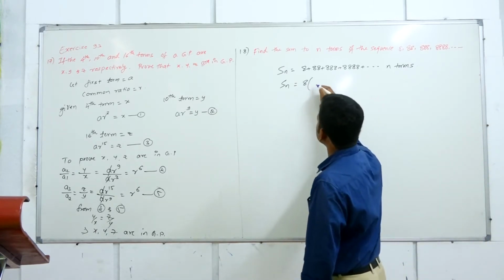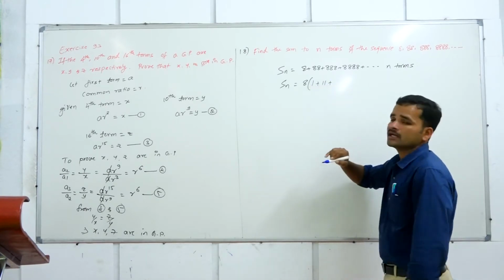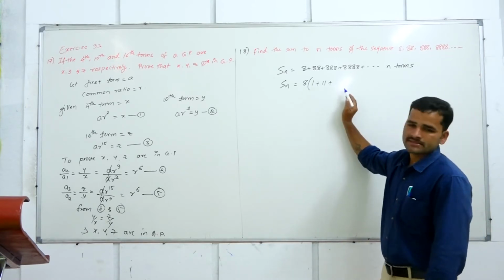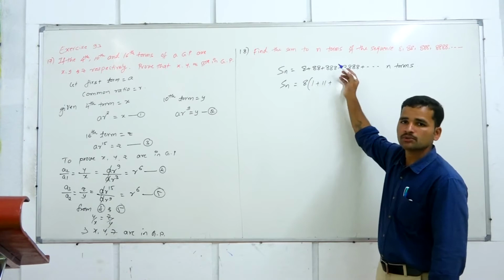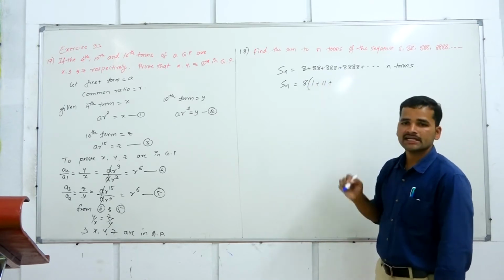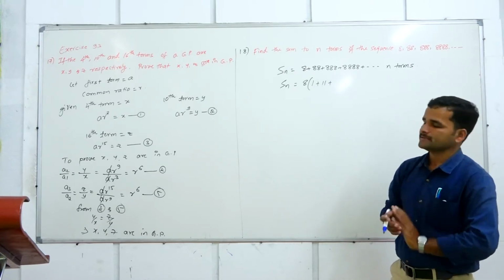If you take 8 out, here we have 1 plus 11. If you are getting confused in taking common, what you do? You multiply this back. If you multiply, we should get the original terms. 8 into 1 is 8. 8 into 11 is 88. We are getting it, which means we are taking the common correctly.